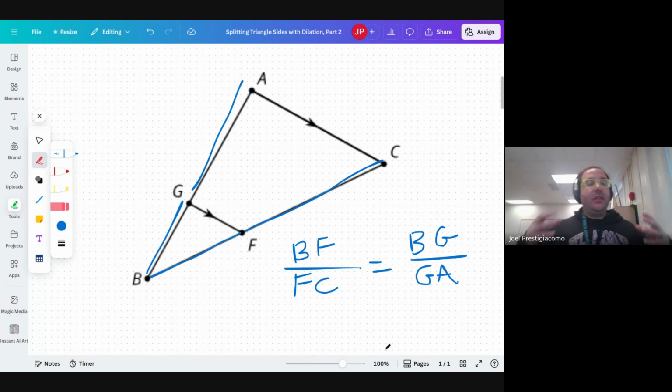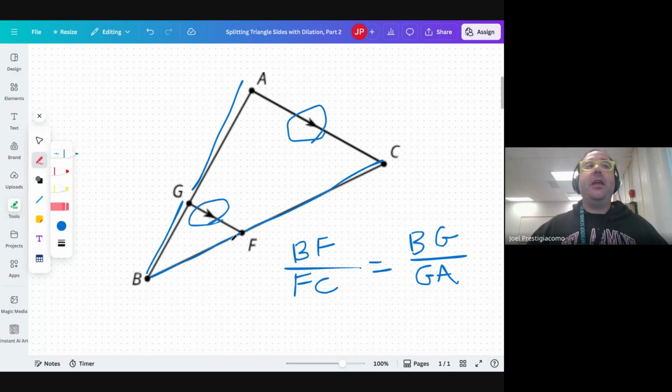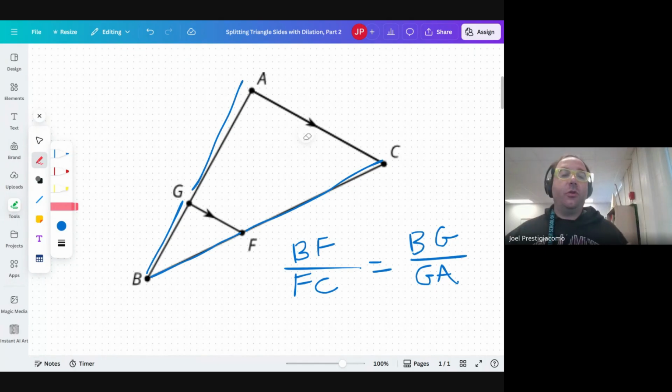Basically the relationship between the individual parts of this figure will hold regardless of which side we're on. Now, this is only going to be true if we know that we have parallel lines here, so that the angles are going to be the same around the parallel lines, and because of that, we're going to have this kind of controlled distance.